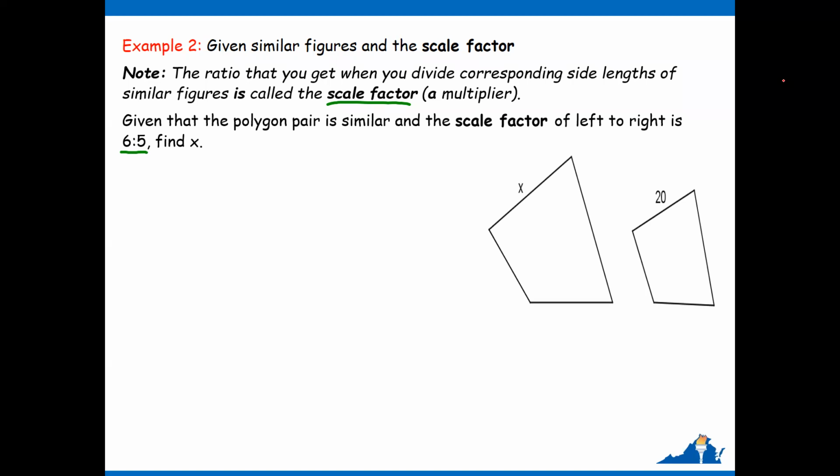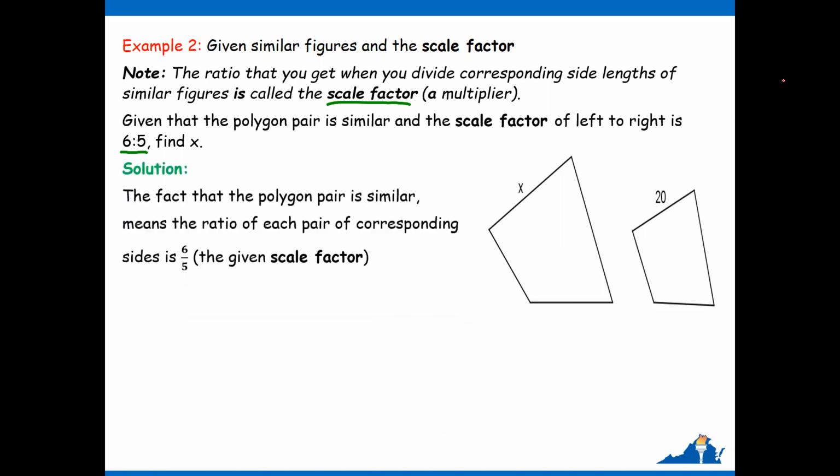We know they are similar, so we can find the ratio of those 2 corresponding sides. That ratio is the scale factor. The fact that the polygon pair is similar means the ratio of each pair of corresponding sides is 6/5, the given scale factor in our problem.